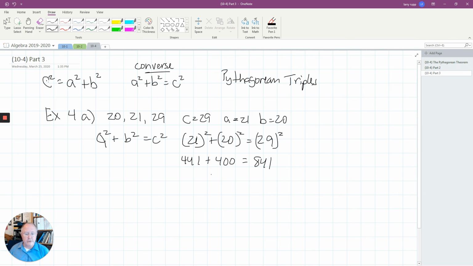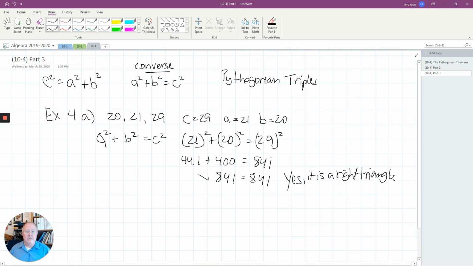So 441 plus 400 gives you 841, equals 841. Therefore, yes, it is a right triangle. It is important to know what you're trying to prove and how you're trying to prove it, so that when you get the result, you can look at it and say, yes, this proves it.